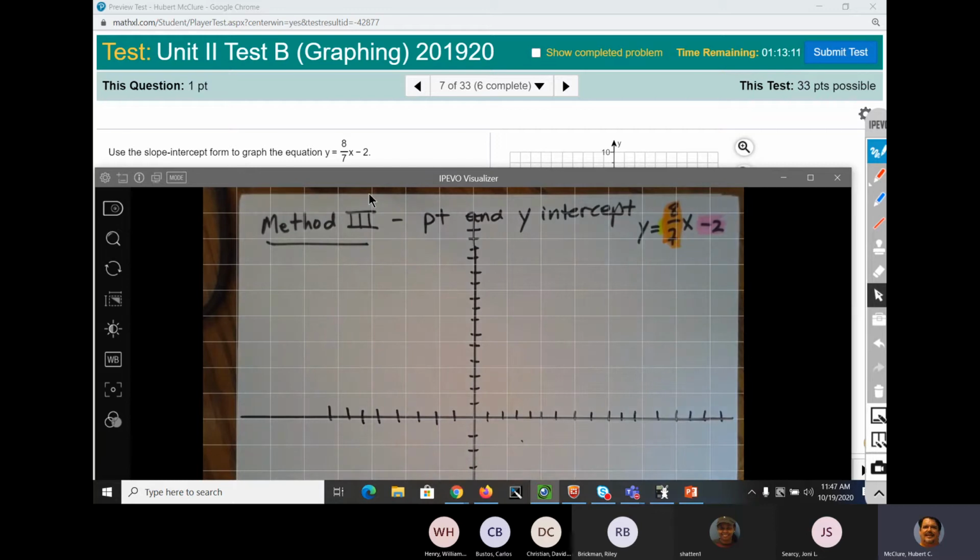Got to plot my -2. There's that. I've got to draw a trace line, positive from left to right. All mine usually follow about a 45-degree angle.